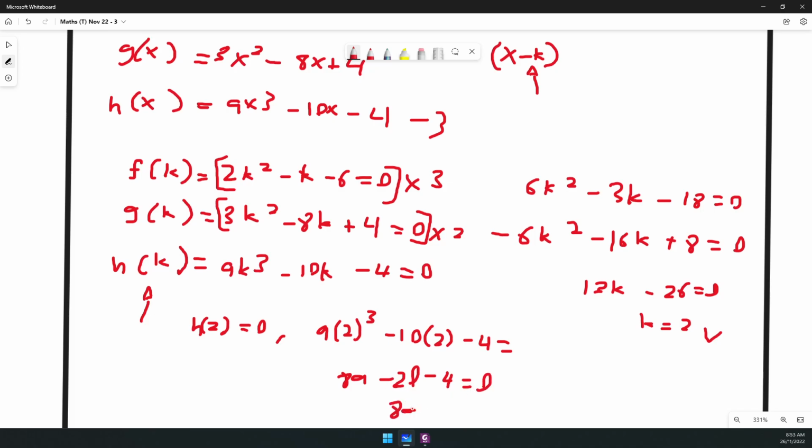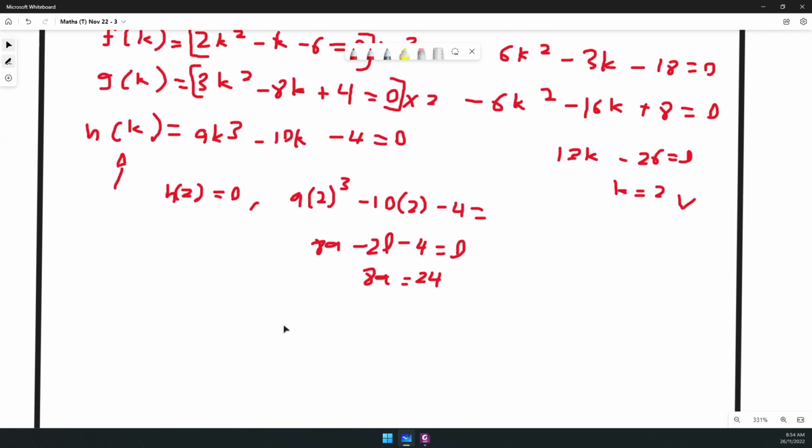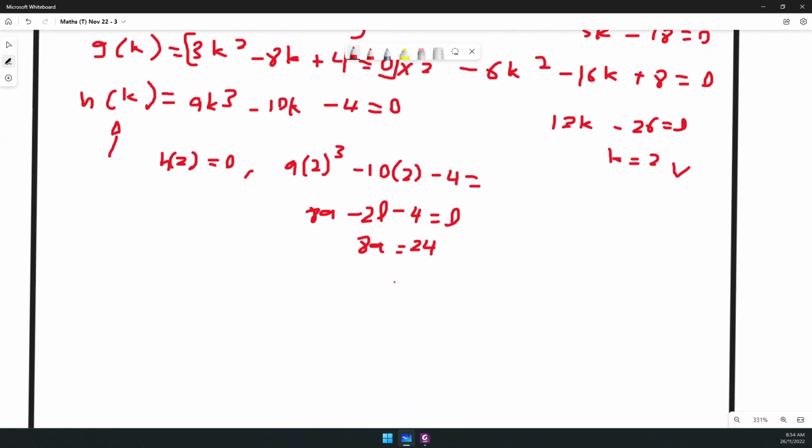So 8a equals 24. Finally, I think you can already guess the answer. The answer is a equals 3.